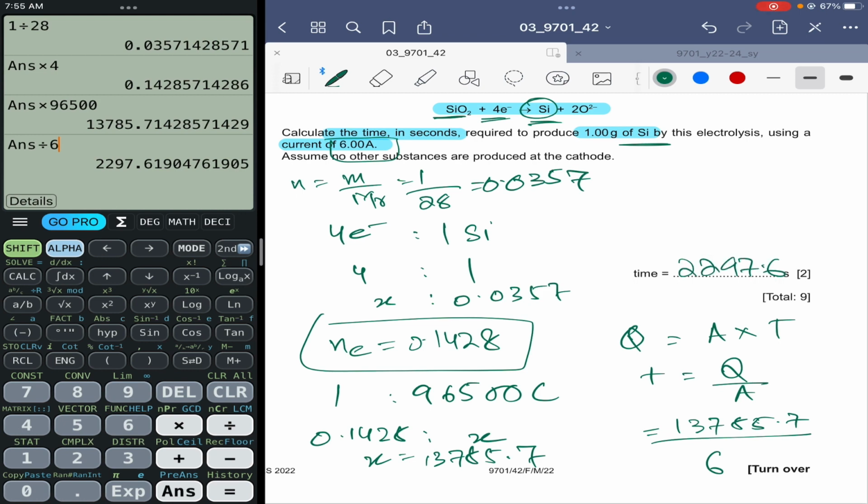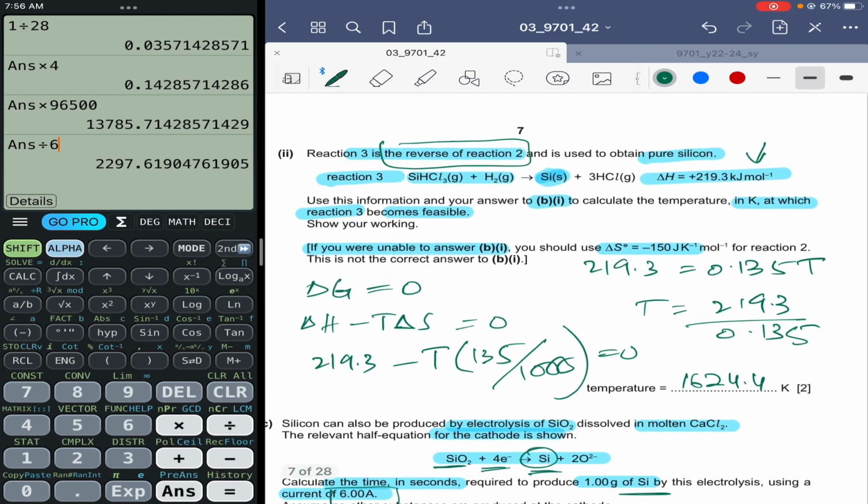Right, so this is the final answer, and this is the time required to produce 1 gram of silicon by the electrolysis using a current of 6 ampere. Alright, so this was a simple question, and this is the end of question number 2.